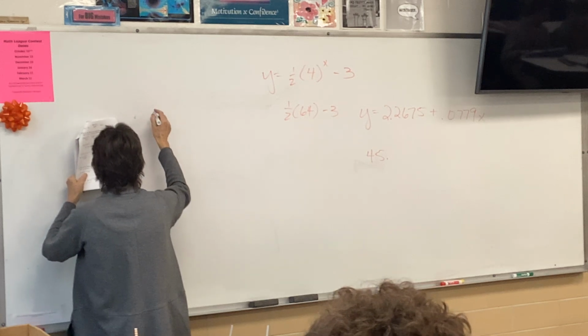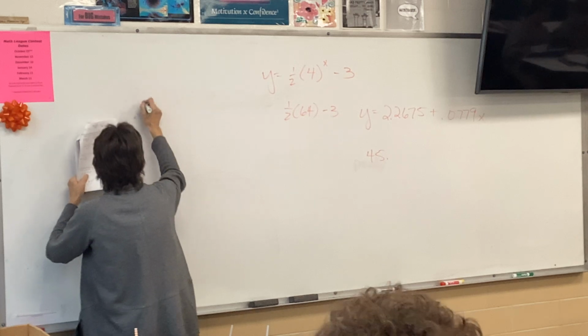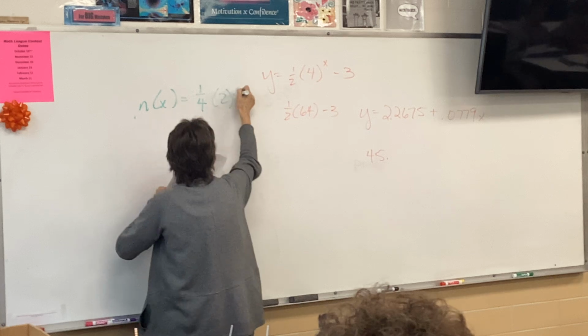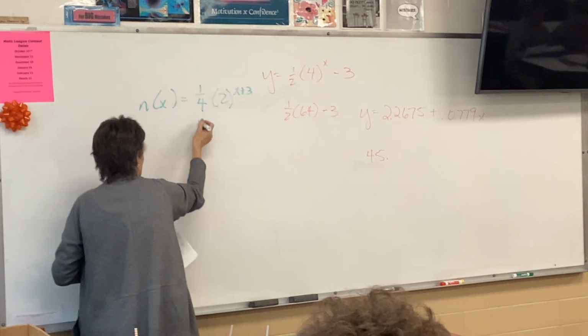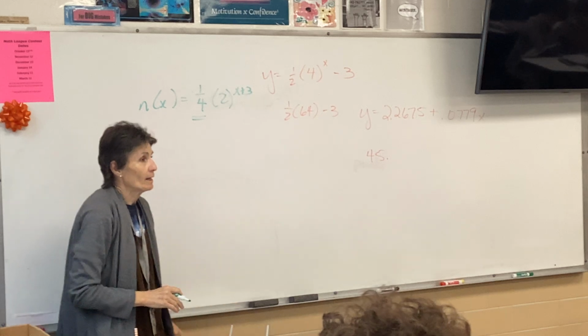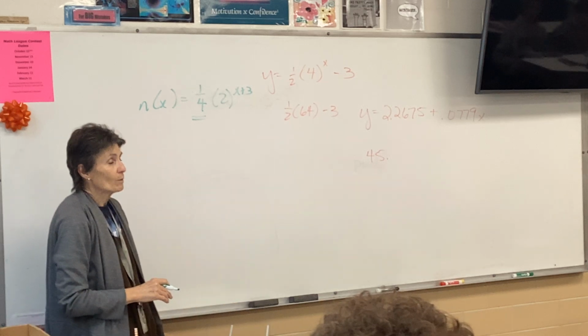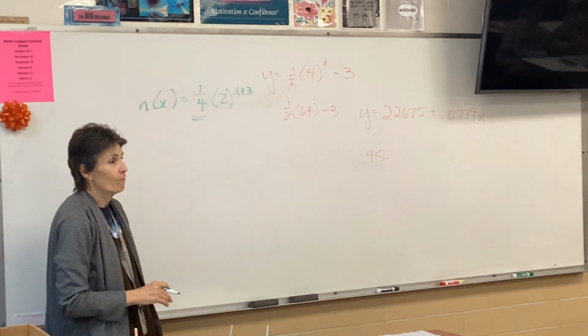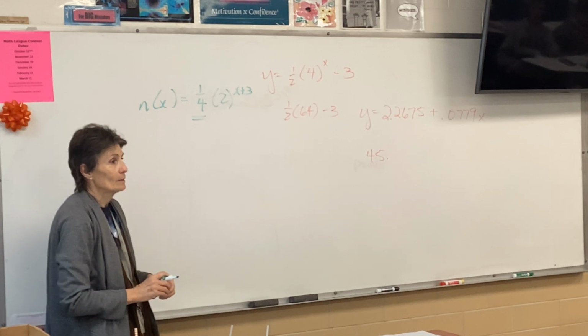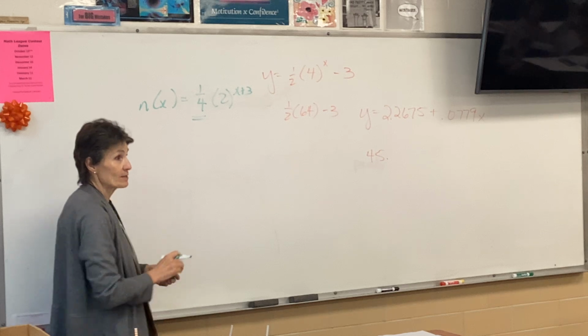So 3B, the original is 1/4 times 2 to the x plus 3. Okay, this is a vertical dilation. That's what we need to get rid of. What do we know about 1/4? It's 2 to the negative second.